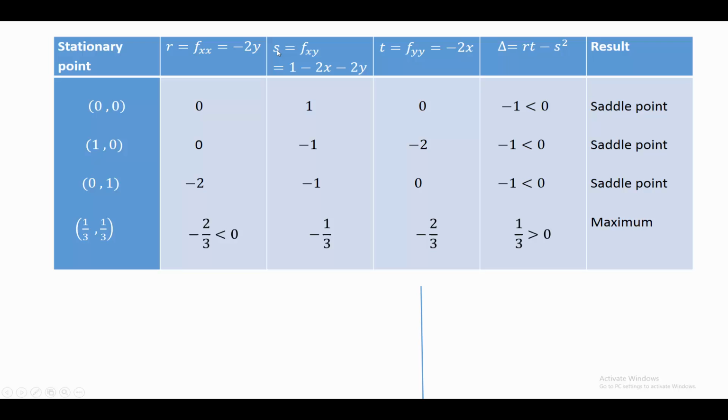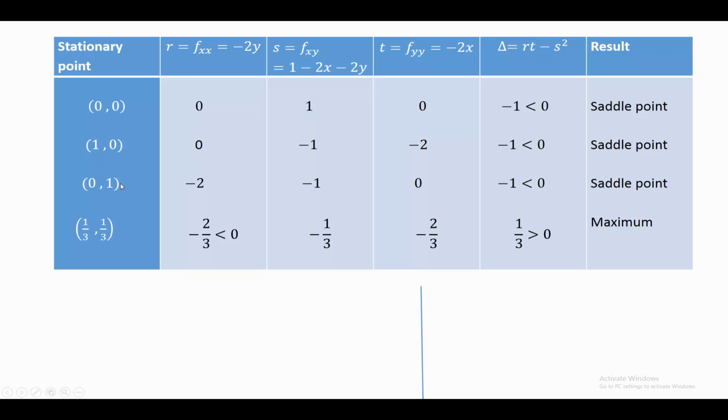Then the next column is s. s equal to f of xy and is equal to 1 minus 2x minus 2y. At point (0, 0), put x is 0, y is 0, so 1 minus 0 is 1. At point (1, 0), put x is 1, y is 0, so 1 minus 2 minus 0 is minus 1.